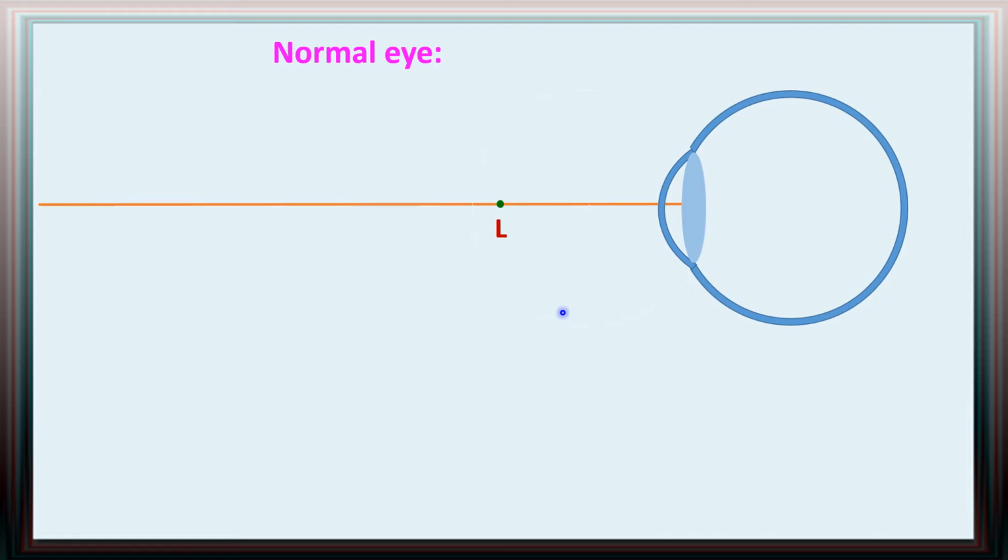For a normal eye, it is 25 centimeters. This normal eye sees from L up to infinity.